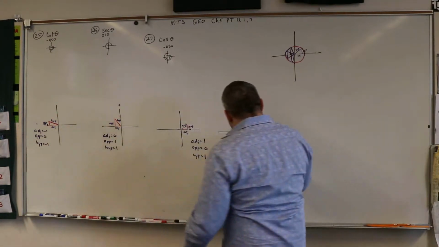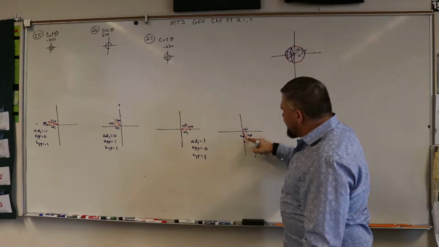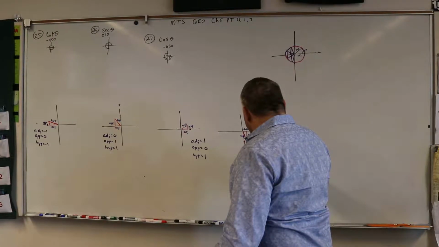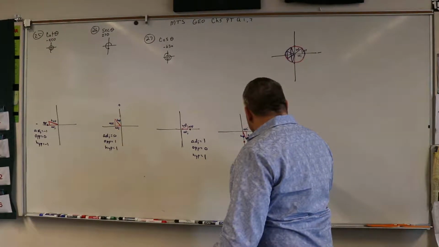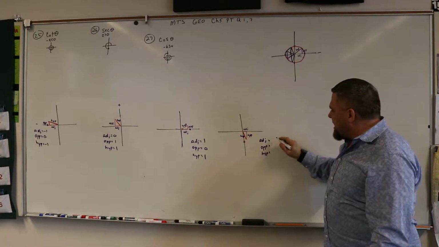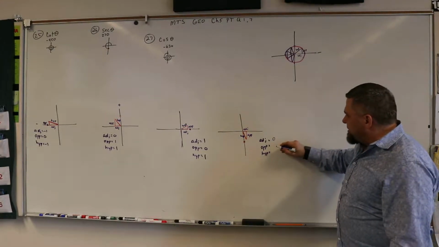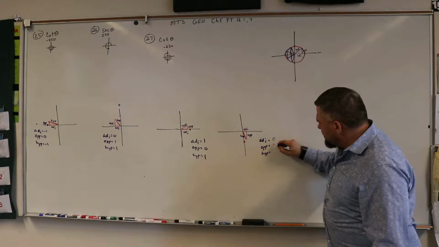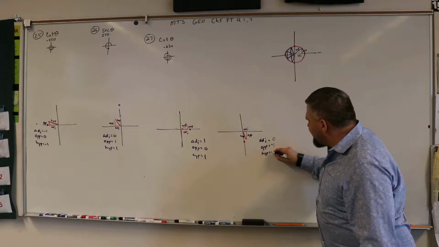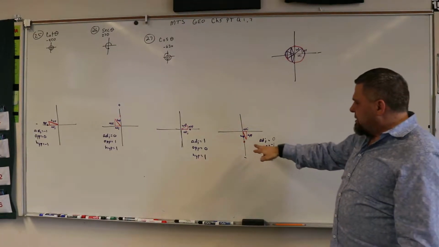And then with this guy, as we're coming down to this point, we go adjacent, opposite, hypotenuse. The adjacent side is becoming 0, the opposite side is becoming 1, and the hypotenuse is still 1, but in this case it's negative, because down here is negative.